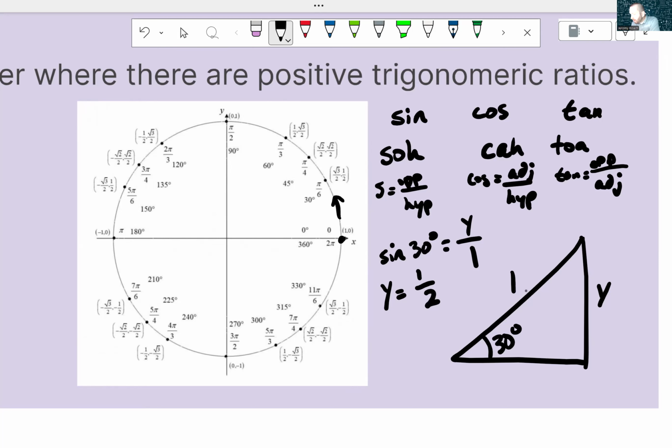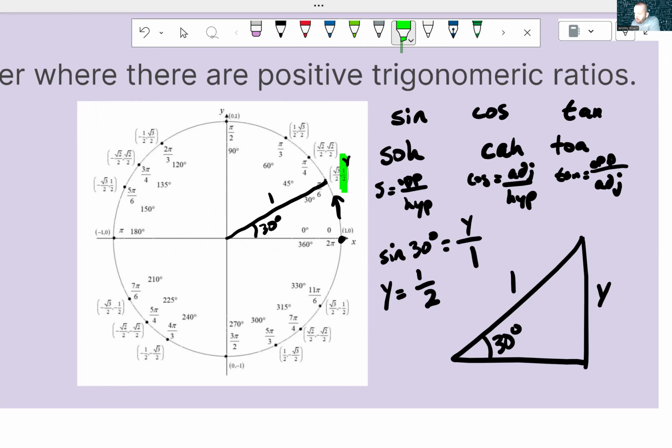So the opposite over hypotenuse is sine. On the unit circle, this is equal to 1, always on the unit circle. And so if we say this is 30 degrees, this 1/2 corresponds to this y coordinate on our unit circle.